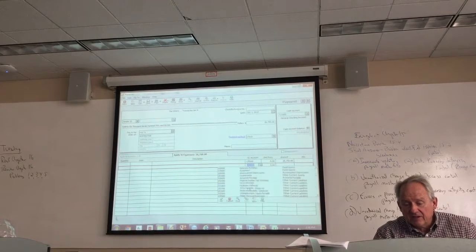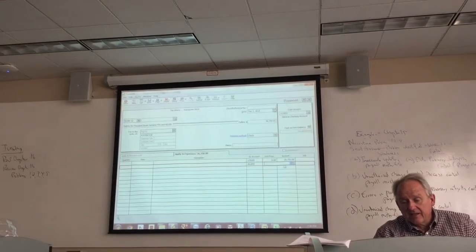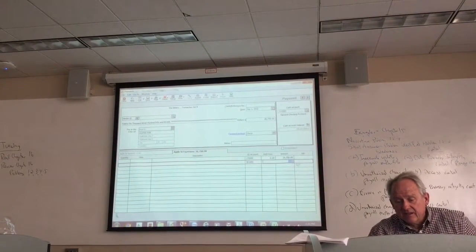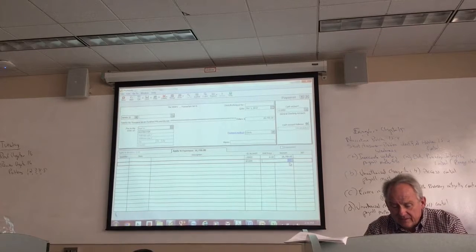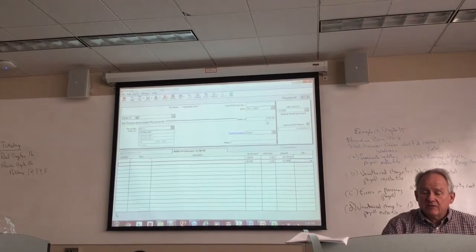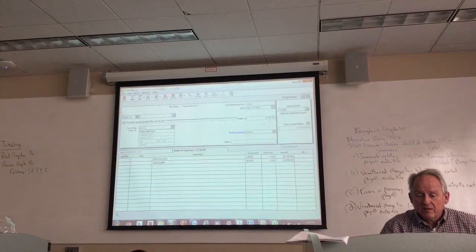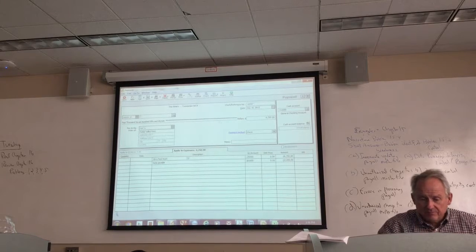I'm borrowing the rest of the money for $22,000. So I click on that, and then because it's a credit, I got to go ahead and put it in as negative. I put in the check number, date, the check nets out to the $47.50, and there it is.